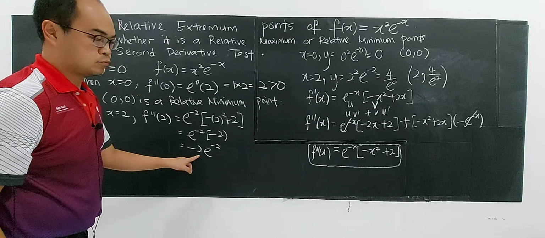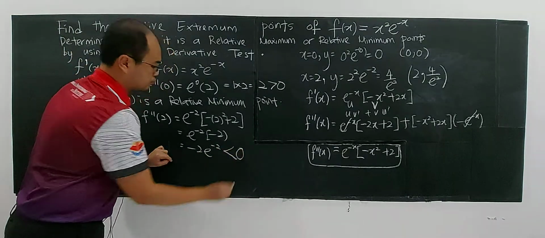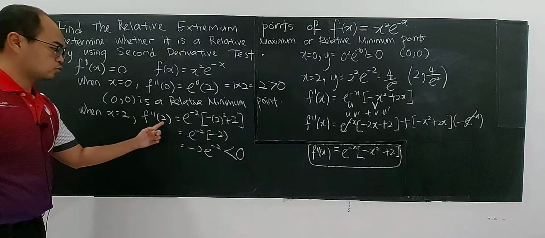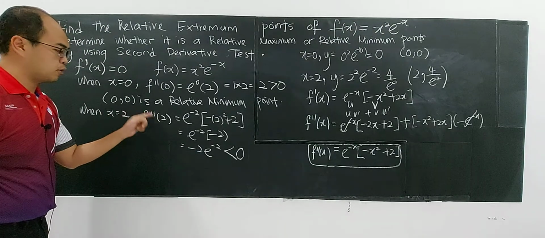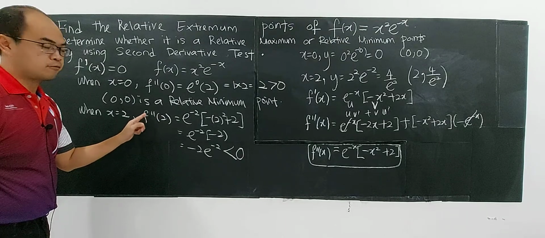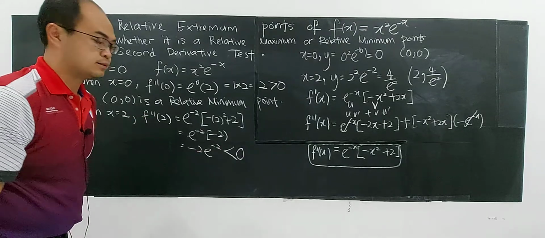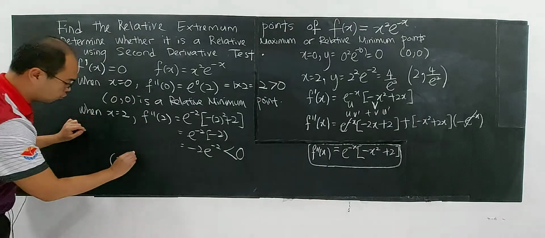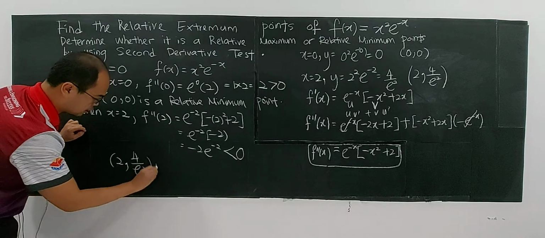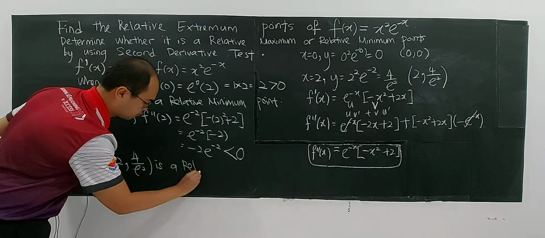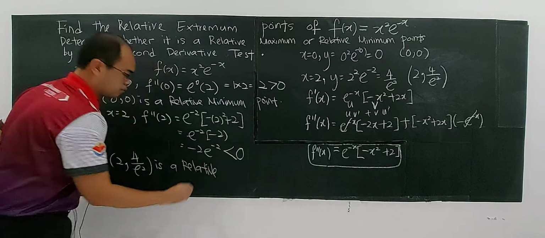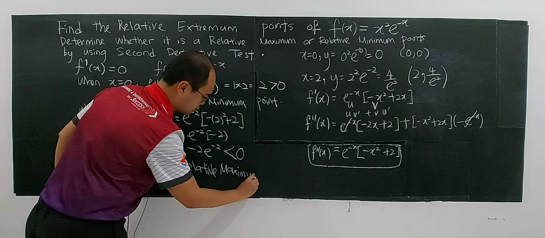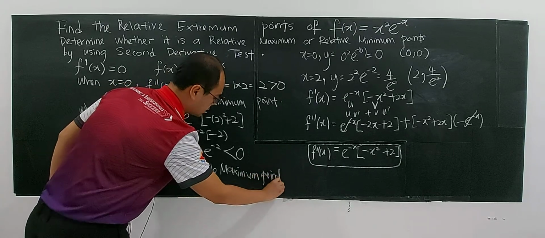So the second derivative is less than 0 at this point, which shows that (2, 4 over e squared) is a relative maximum point. All right, as easy as that.